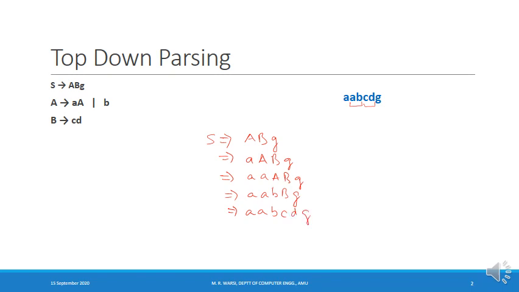The point is that as we are performing the derivation, we are obtaining the sentential forms, and I can analyze the sentential form and the given string together and try to understand what is happening during the top-down parsing.